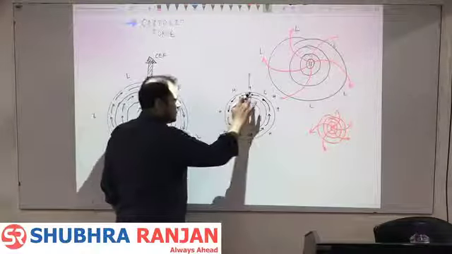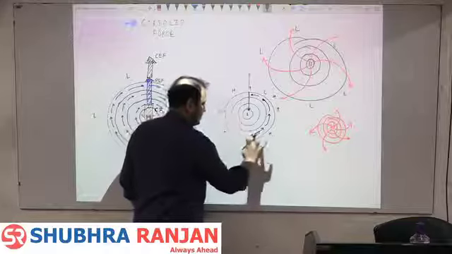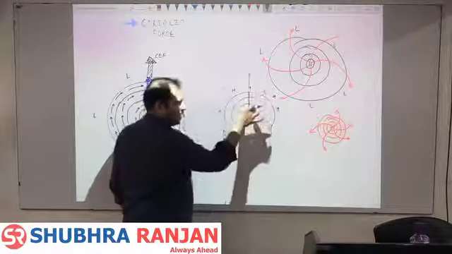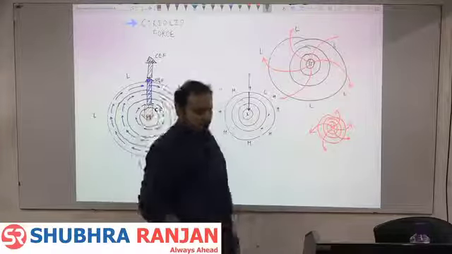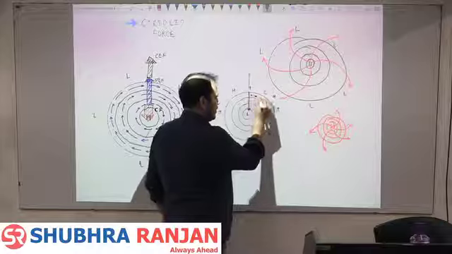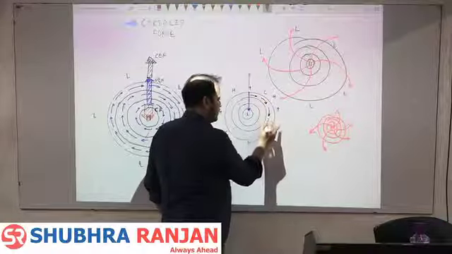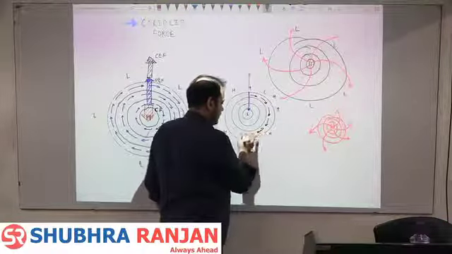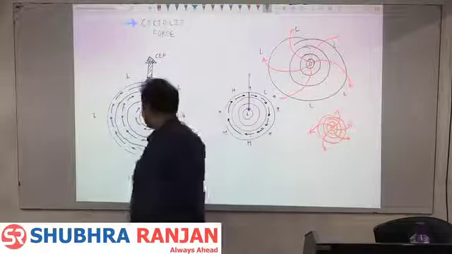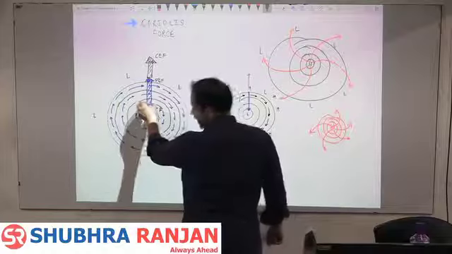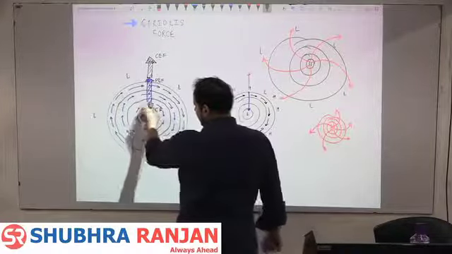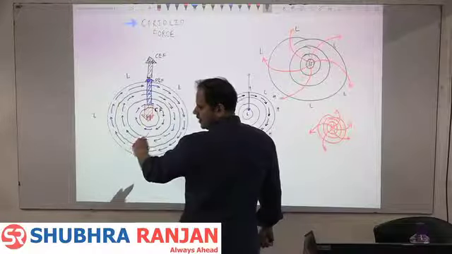In the southern hemisphere, the pressure gradient force is acting here. The Coriolis force is always acting parallel, but it will deflect to the left, and therefore cyclones are clockwise. In this case, the Coriolis force is acting inwards because the pressure gradient force is acting outwards, so it will get deflected to the right.